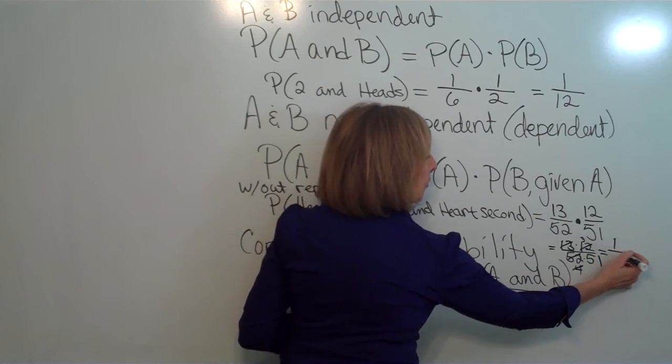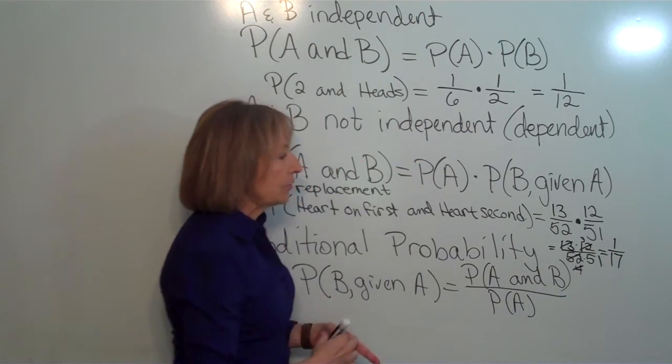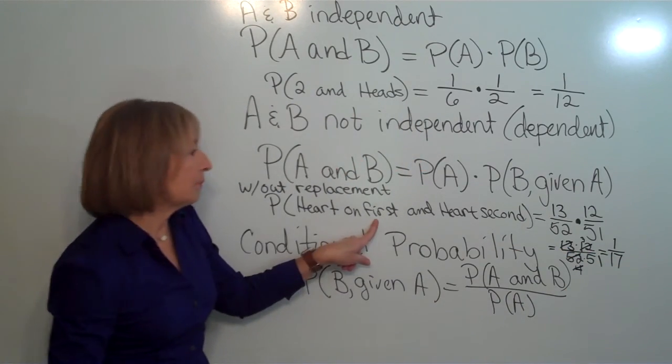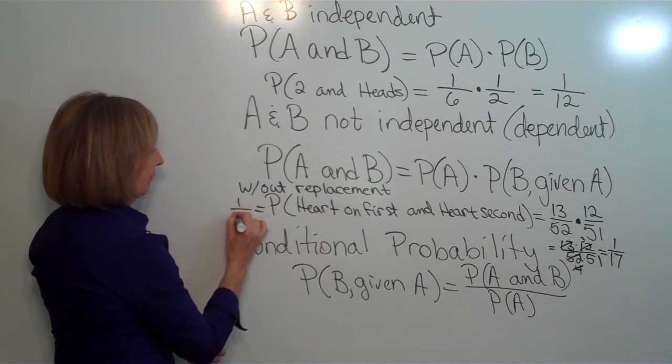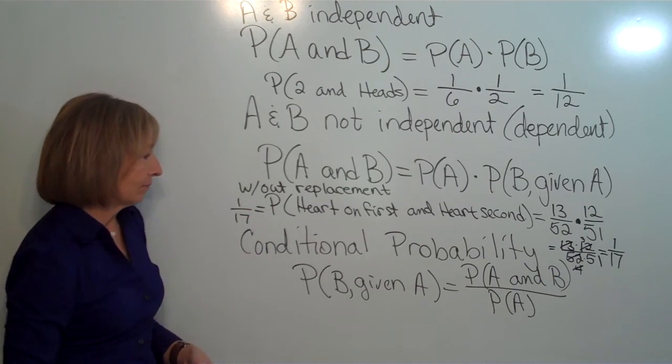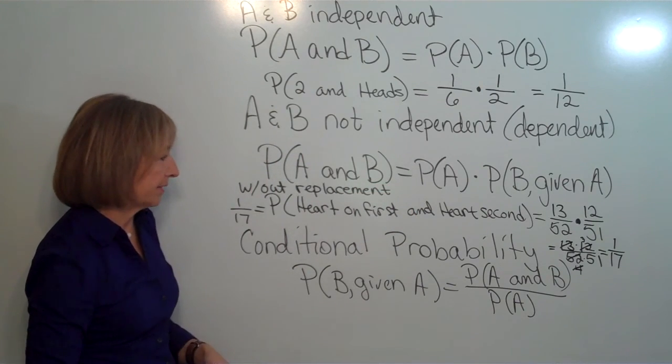So it's 1 in the numerator and 17 in the denominator. So I have this probability being 1/17. So that's what we have when we don't have independent events.